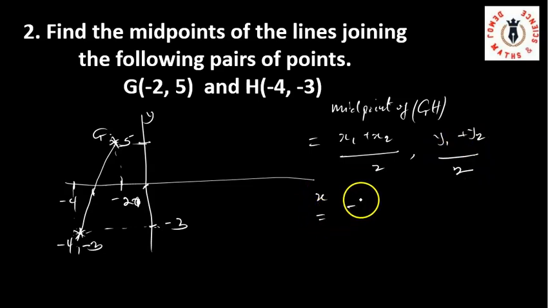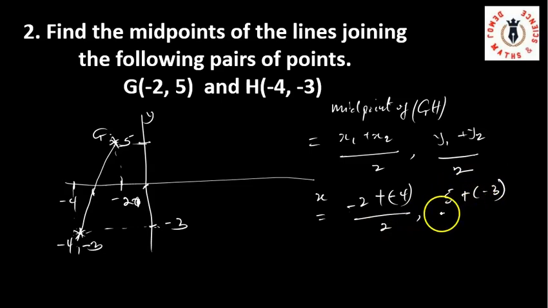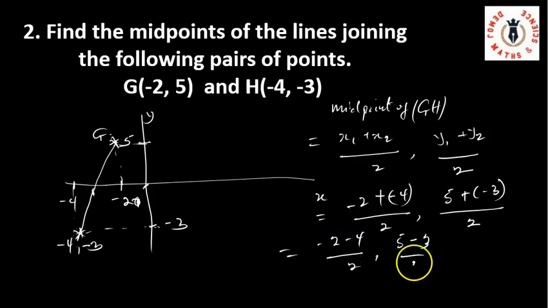So my x1 is minus 2 plus minus 4 all over 2, and for the y-axis, I'll have 5 plus minus 3 all over 2. That's minus 2 minus 4 over 2, and 5 minus 3 over 2, which is minus 6 over 2, that's minus 3, and 2 over 2, that's 1.